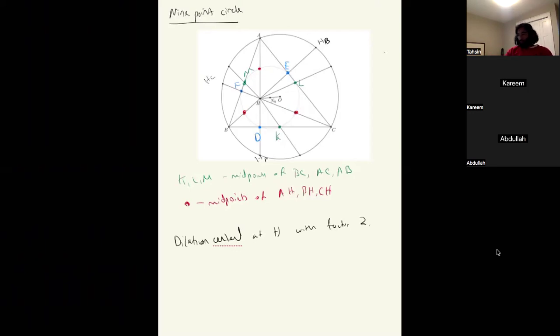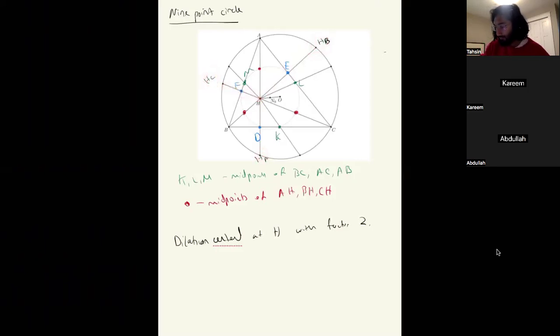So what happens to these 9 points when you dilate them centered at H with factor 2? The point is the blue guys, D, E, and F, when you dilate by a factor of 2 will become these HA, HB, and HC.